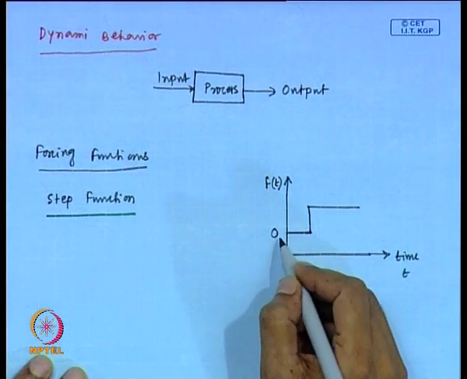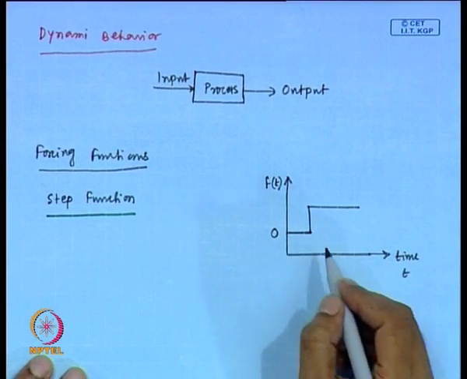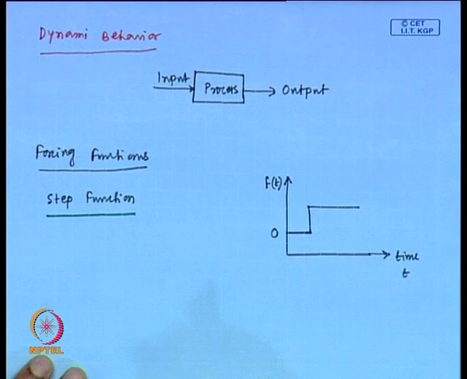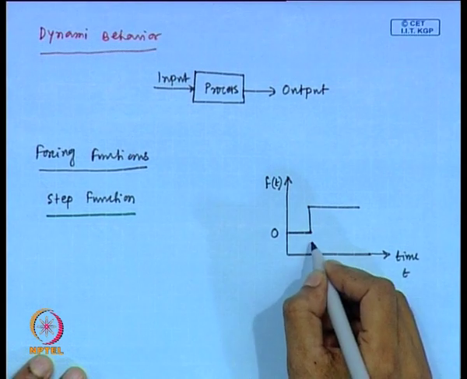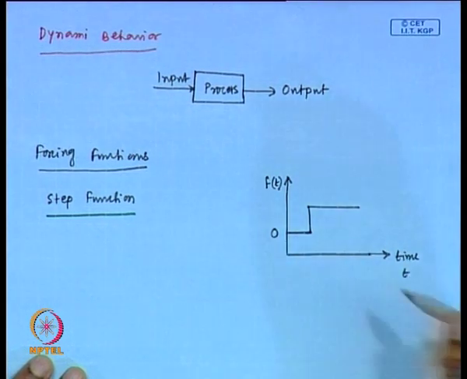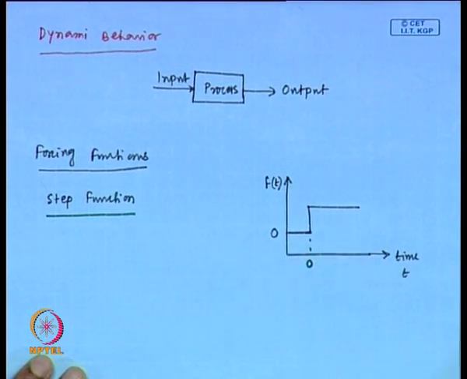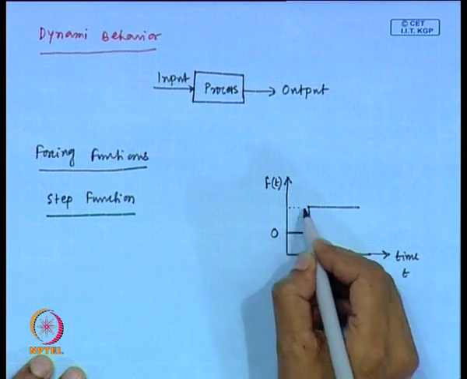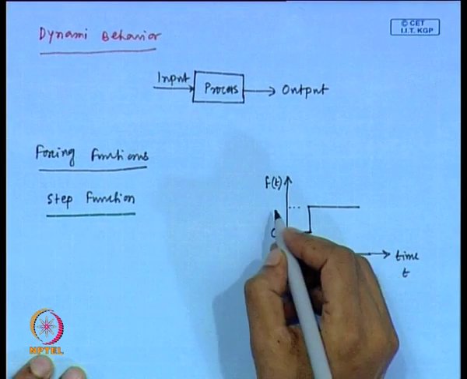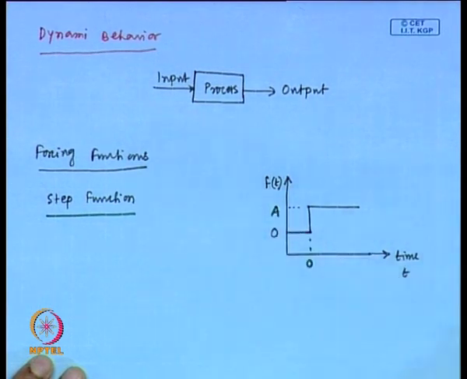So, since f is the deviation variable, at steady state f equal to 0. Now, we are changing this f value at suppose time t equals to 0, and the magnitude of this change is suppose a. This is the step function which we have represented graphically here.